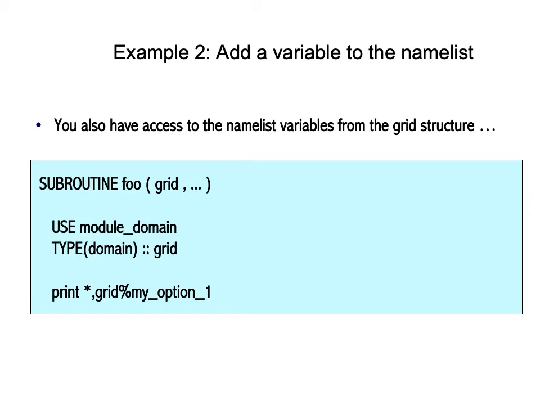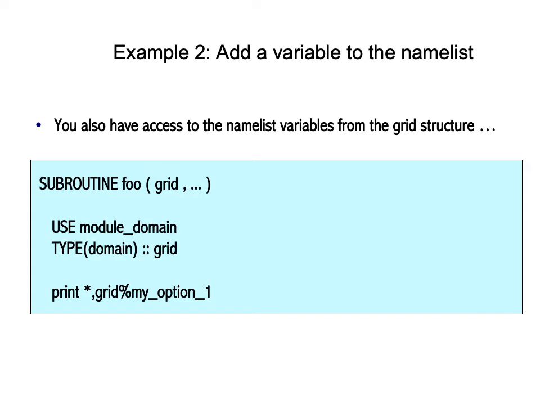Inside of grid is everything that is in the registry, including all of the meteorological variables, wind, temperature, moisture, pressure, the projection information, latitude, longitude, the static data, the topography, land use categories, sea ice, all of the variables for the 1D arrays, for the vertical structure, for the eta levels, the grid distance, the time step, the date, everything is inside the grid structure, including all of the namelist entries.